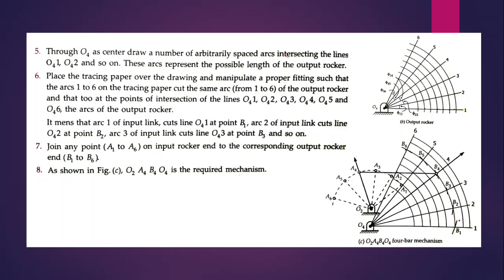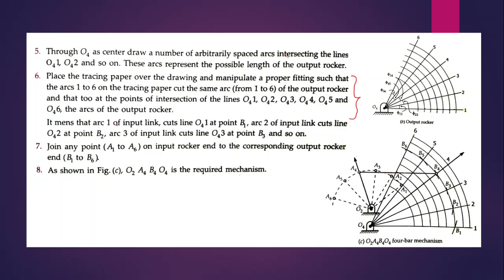Here that arc cuts this particular line O41 at this particular point B1, and at this particular point B2 on O42, and at this particular point on line O43, etc. This is a trial and error method. How to find the proper fitting?